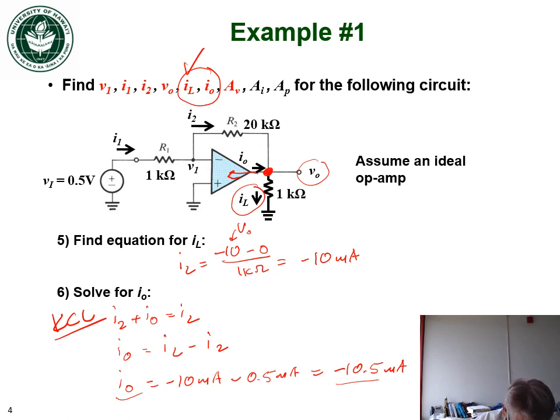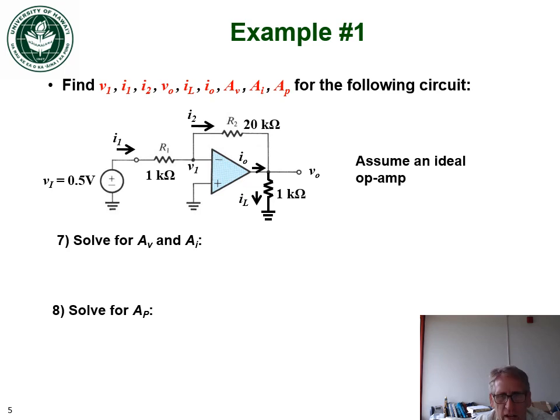All right, so the last few questions that we have here on example 1, we need to solve for the voltage gain, current gain, and the power gain. The voltage gain we already know from an earlier slide. That's the voltage gain was minus 20 volts per volt.